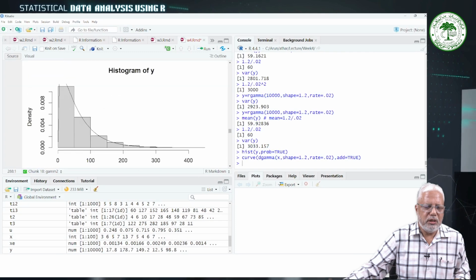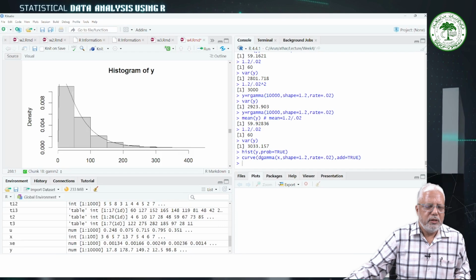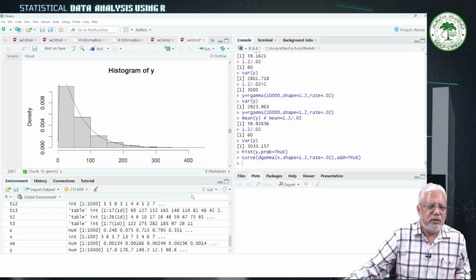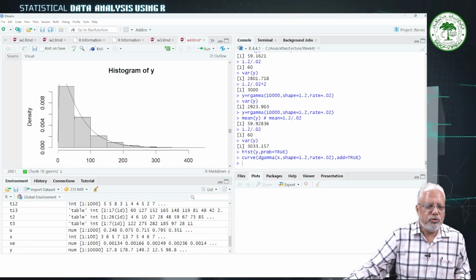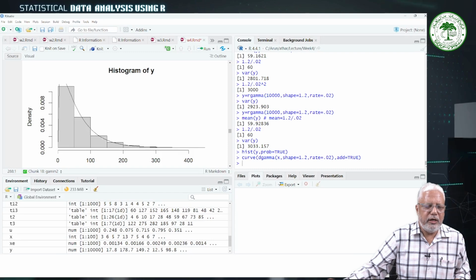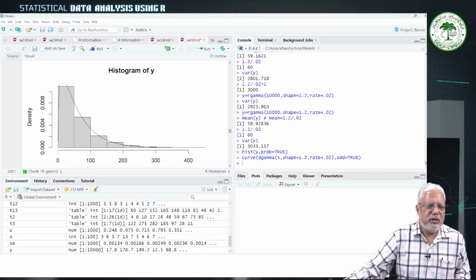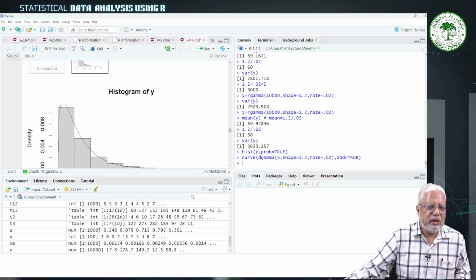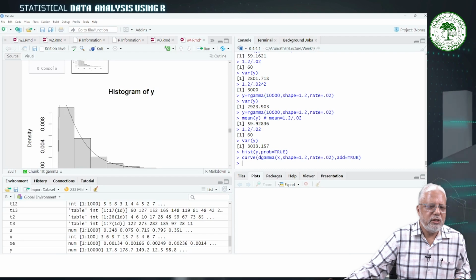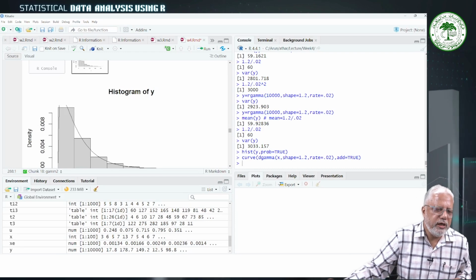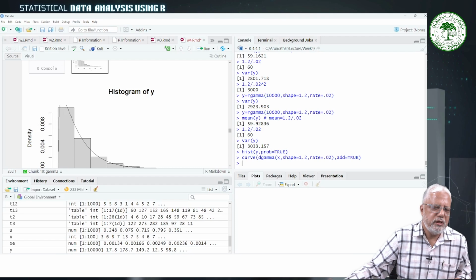See, this histogram is made on simulated data, whereas this curve is the exact curve. So here it is being cut on the neck. How can we adjust this? Here the limit is 0.008.